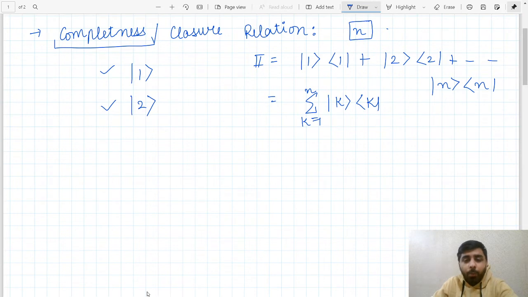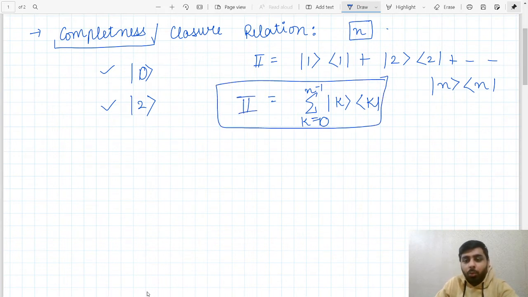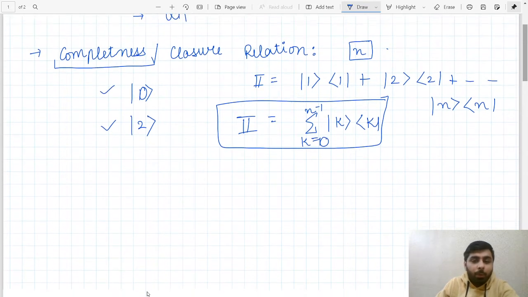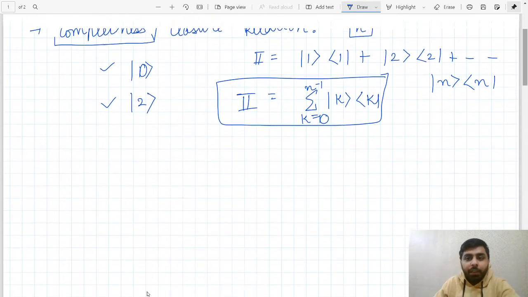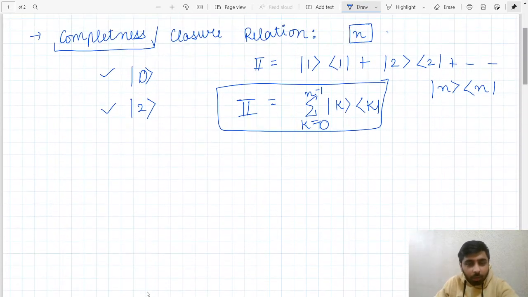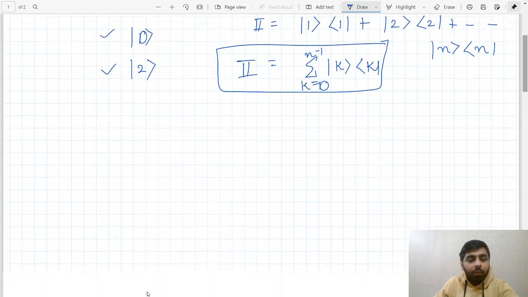It might also be possible that we start the convention from 0, in which case this will become n minus 1 and this will become 0. So the identity operator will be this. This operator does nothing to any vector that you apply it to, and it gives you the same vector itself. This is one important thing that we need to know before we go forward with the main meat of this video.